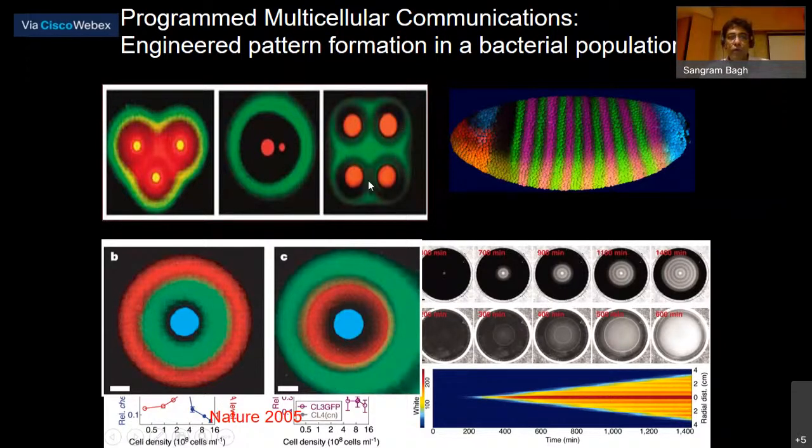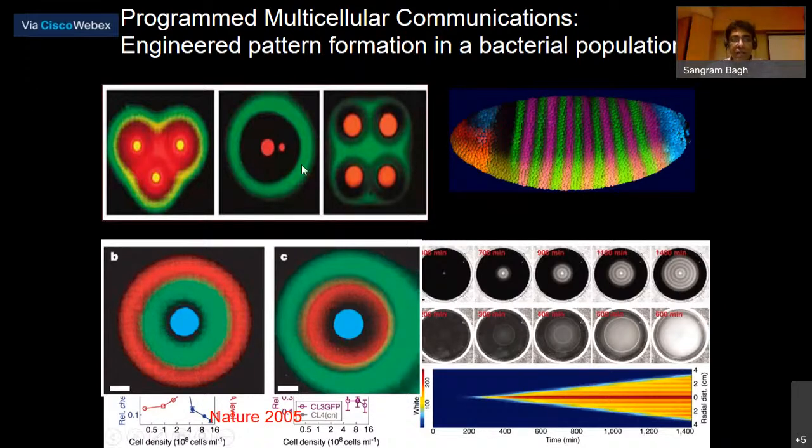In 2005, Ron Weiss's group, this is nothing but bacteria, a lawn of bacteria on a petri dish, engineered in such a way that they produce 2 proteins, one is red fluorescent protein, and the other is green fluorescent protein. You are not saying how to produce, but you just give some inducer and they form their own pattern.